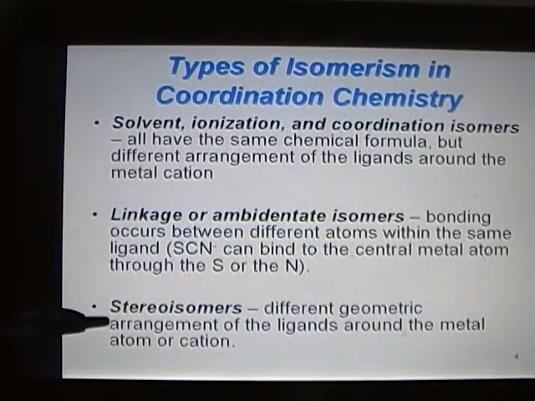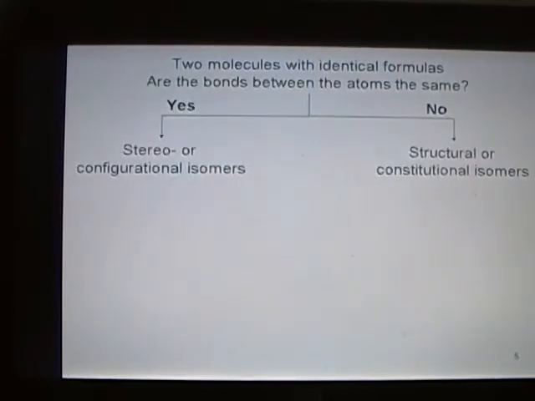Stereoisomers have different geometric arrangements of the ligands around the metal atom or cation. This is the most difficult group of isomers to see, and you've dealt with stereoisomers in organic chemistry before. So we need to start off with a central question.